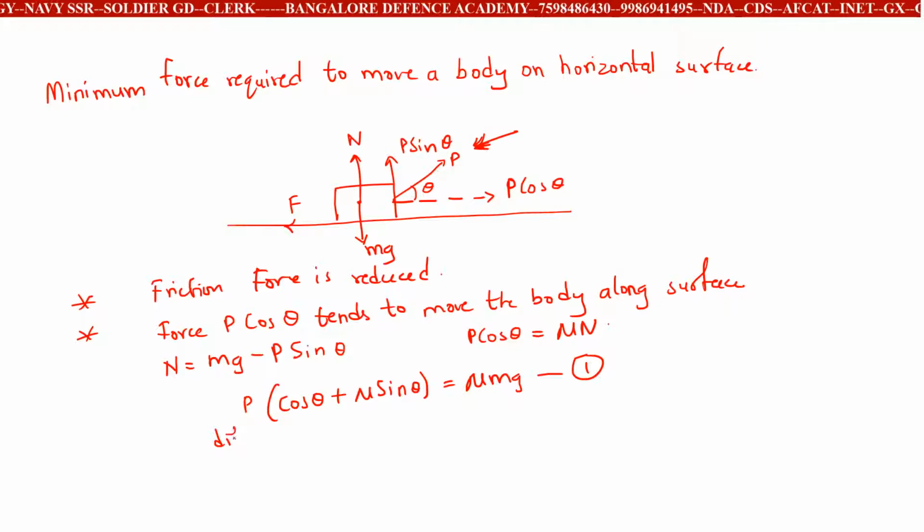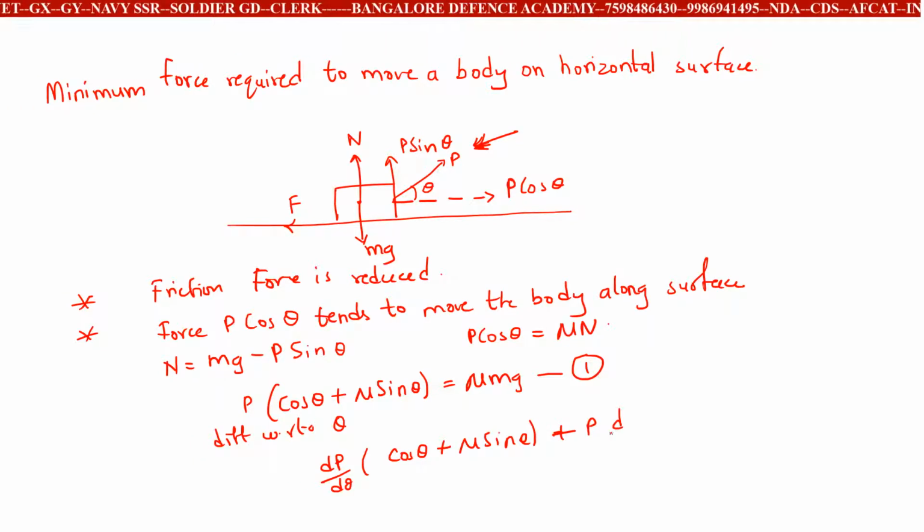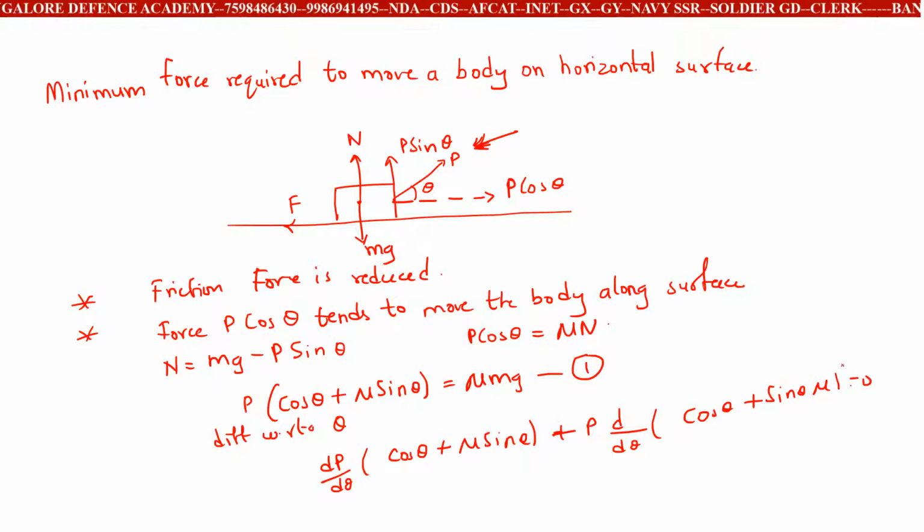If we differentiate with respect to theta, we get dp by d theta into cos theta plus mu sin theta. Differentiating this, you get p into d by d theta of cos theta plus sin theta mu is equal to 0.